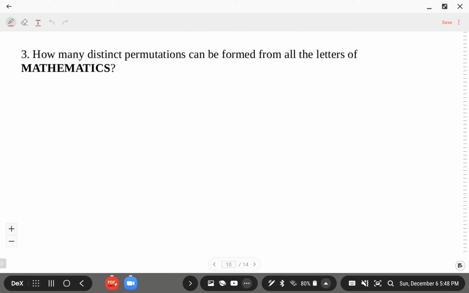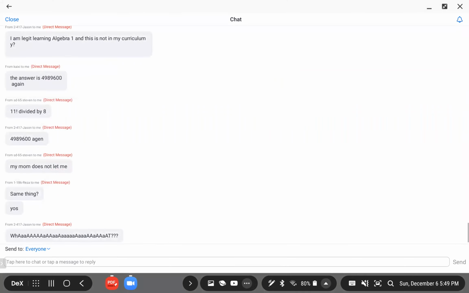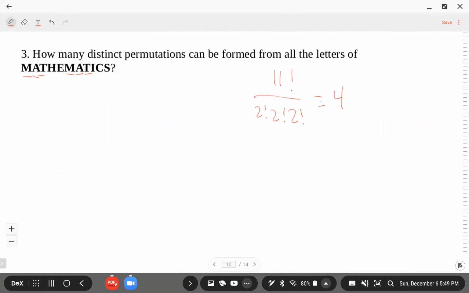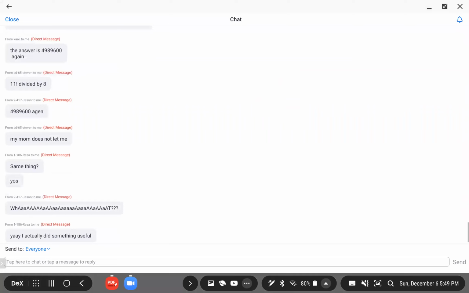Yes, I think it is the exact same answer, actually, because we have 11 letters, right? 11 letters, and see here, M, A, and T are the same. That'd be the same answer.